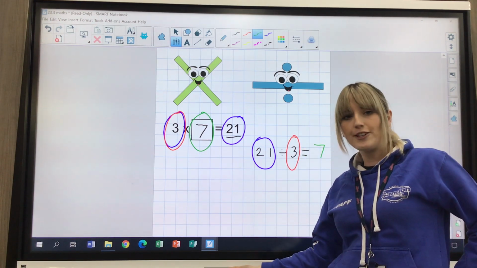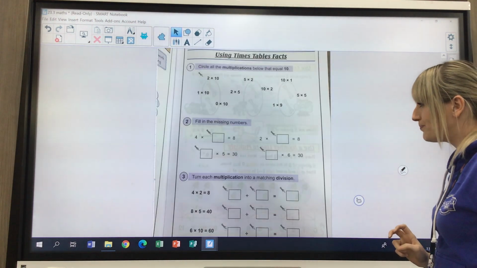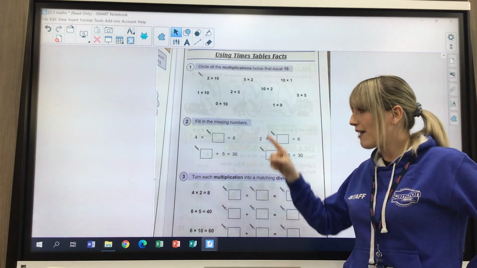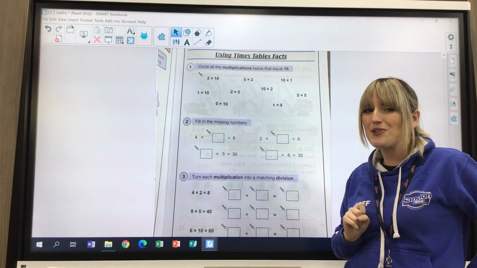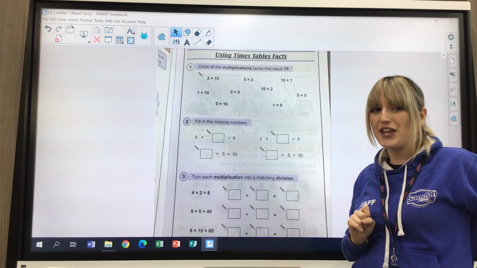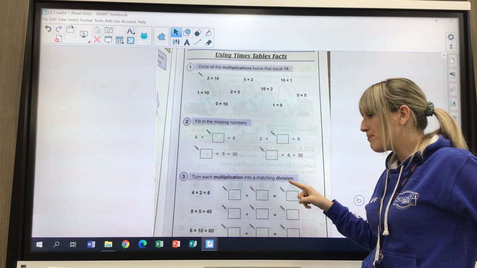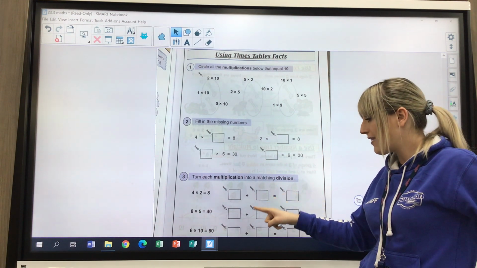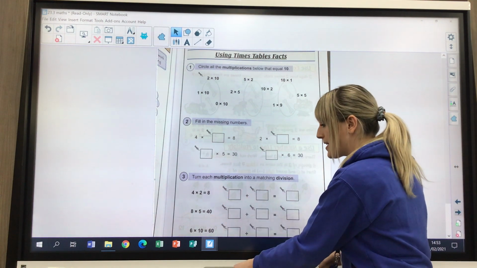So what I'd like you to do now is have a go at page 31. Okay, I haven't really explained the first 2 questions too much, but I know you'll know them already. I think you'll find them really easy. On question 3, remember when we're dividing, the biggest number goes at the beginning.